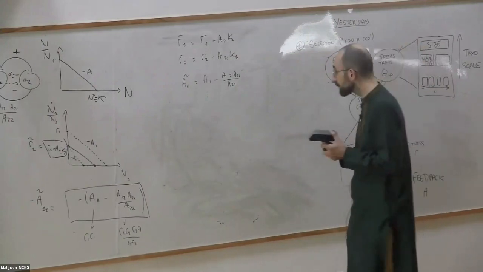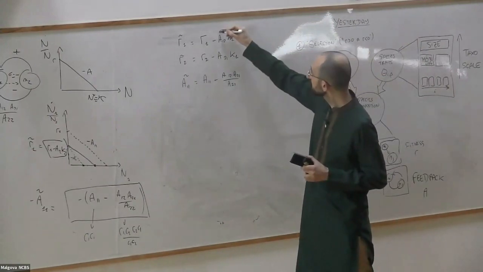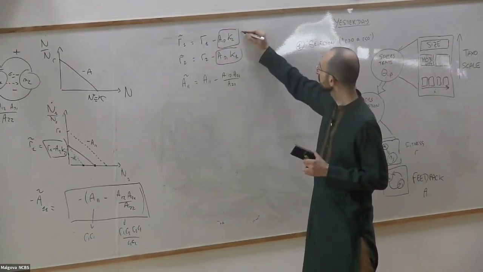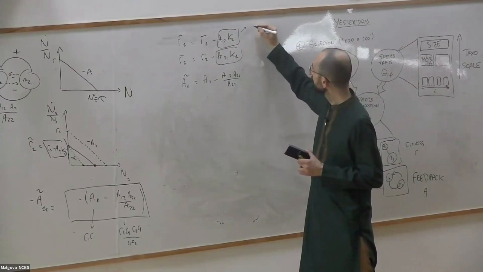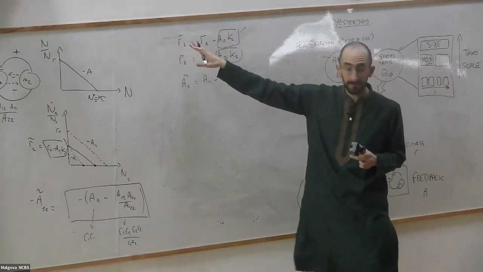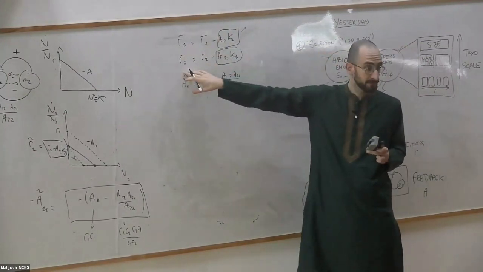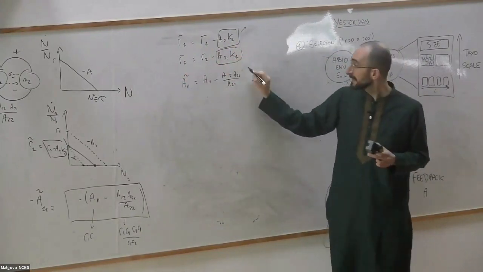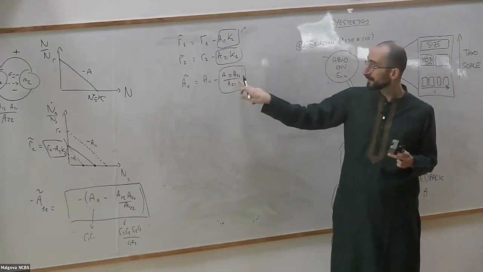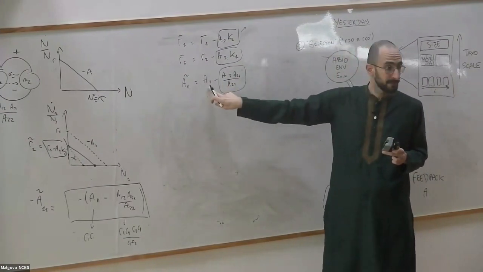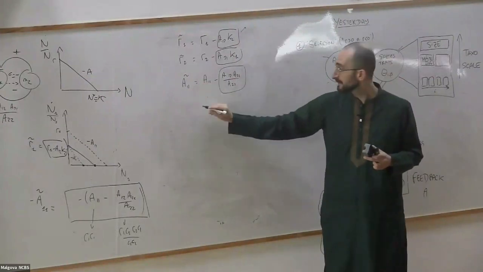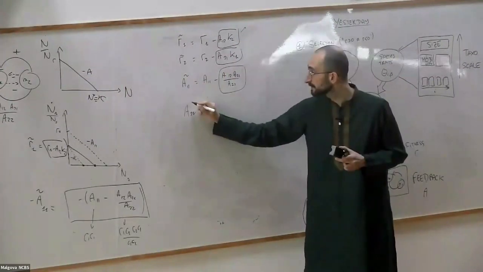I could say for each of those cases, if this is big and this is big compared to R, then it would mean that species 2 has a big impact on the fitness of species 1. Species 1 has a big impact on the fitness of species 2. This could be true or not, right? It depends on those numbers. In both cases, independently of that, it could be true or not that this number is big compared to this one, which would say that species 2 has a big role on the feedbacks of species 1, and species 1 might have a big role on the feedbacks of species 2, right?